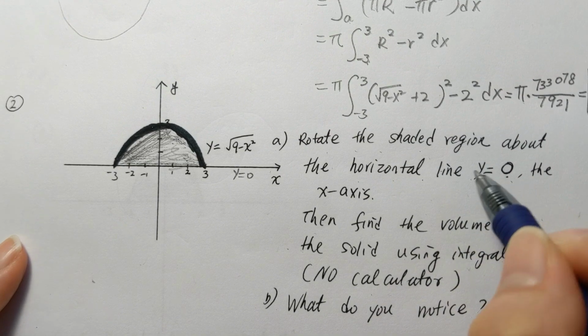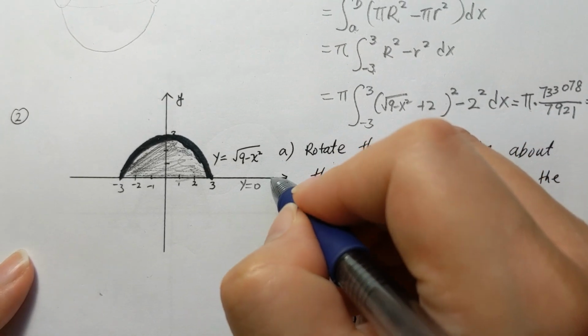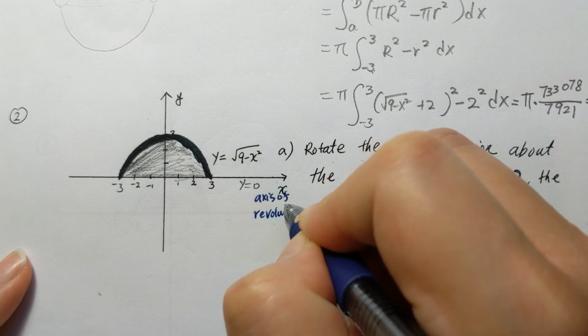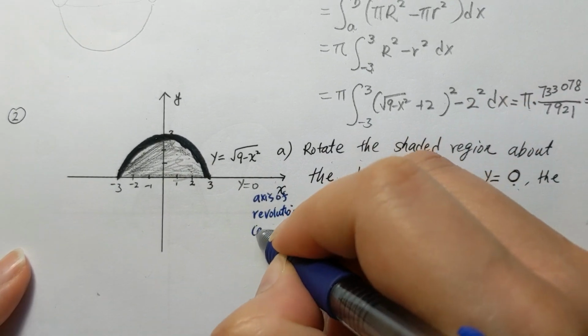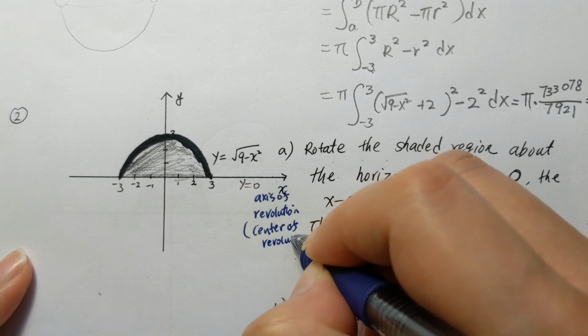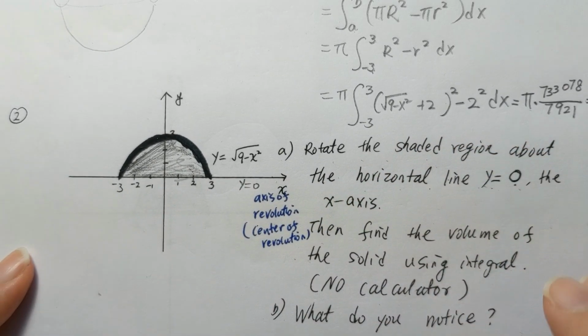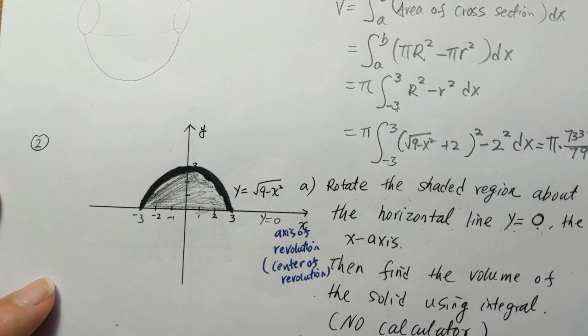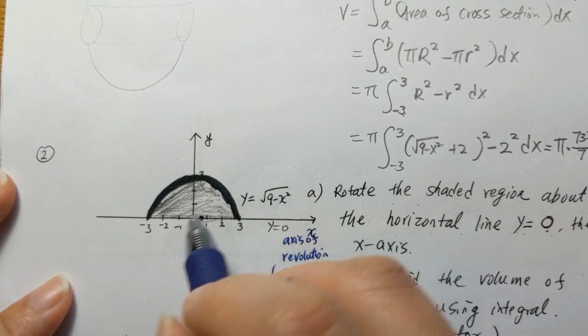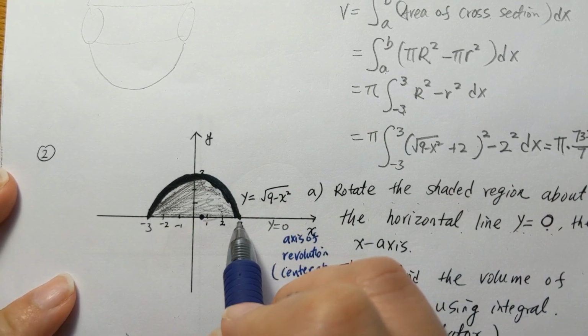y equal to 0 is the x-axis. So this is the axis of revolution. This is the center of revolution. And it's part of the shaded region. So now you go over here, you're going to pick a point, any point on this except the end point.